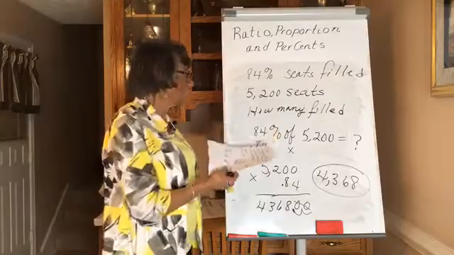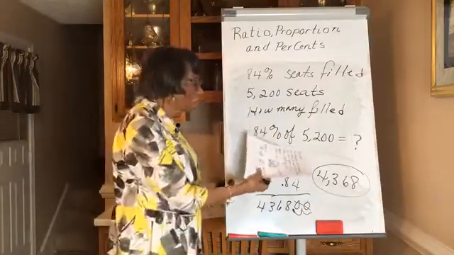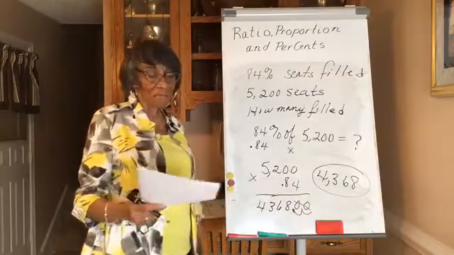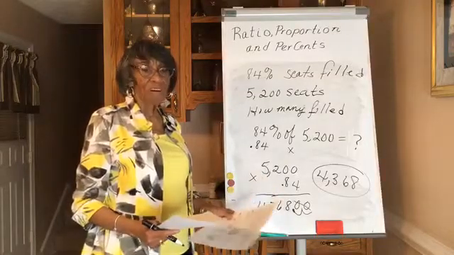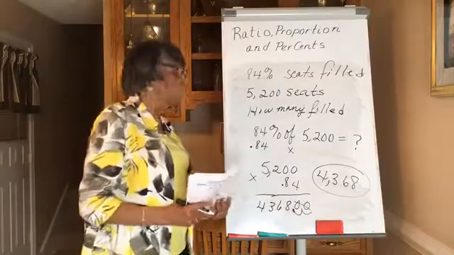And I showed you how we work with that. If we find a percent of a number, we merely multiply. Otherwise, we can use that little scheme that I gave you, that percent over 100 equals is over of.